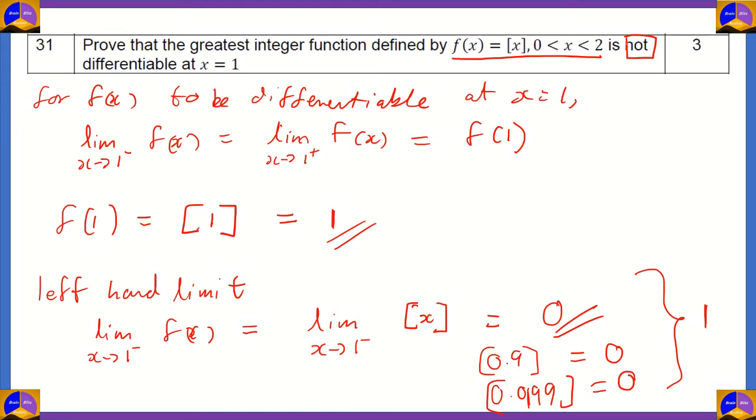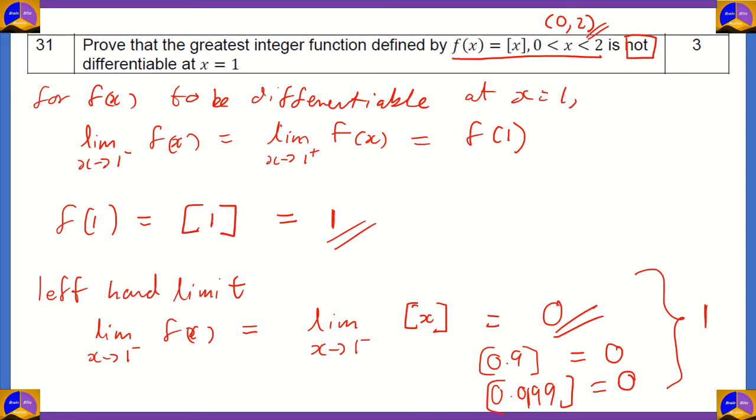So the greatest integer function of x will be operable only between these two numbers, where x exists. So that means we have the open interval 0 to 2. So if you see that 0 is less than x less than 2, then you know that the open interval 0 to 2 is the interval in the question.